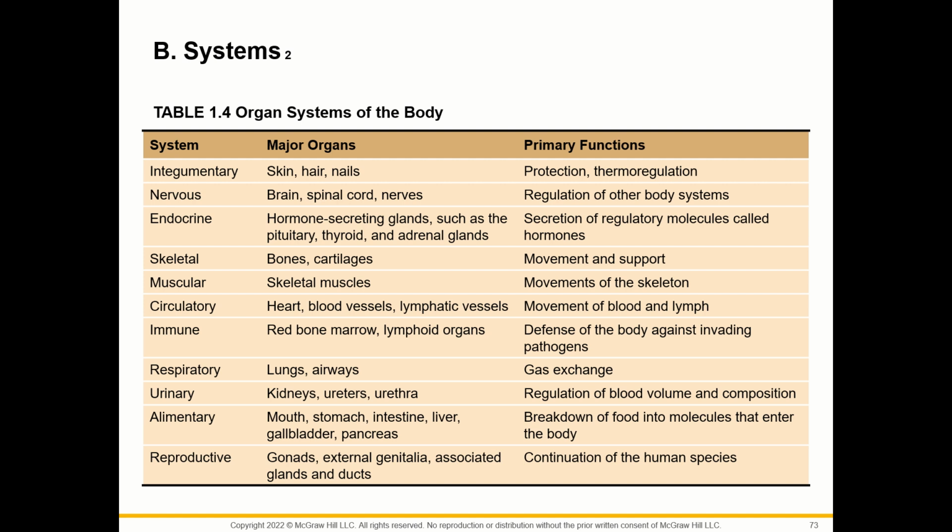And then, of course, the nervous system, endocrine system, skeletal system, muscular system, circulatory, also known as the cardiovascular system, the immune/lymphatic system, respiratory system, urinary system, alimentary or digestive system, and the reproductive systems. And so you can take a look at the table here in the PowerPoint and also in your book to see their major organs and their primary functions.